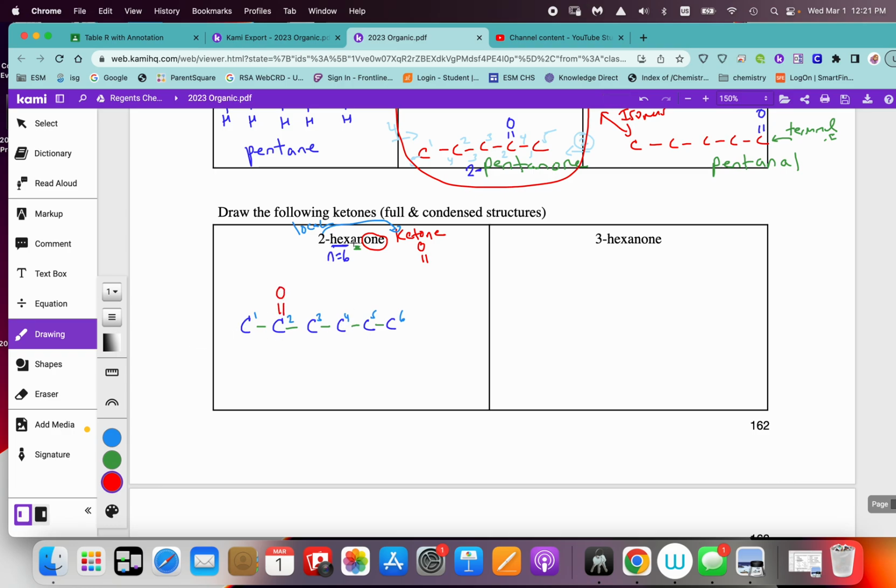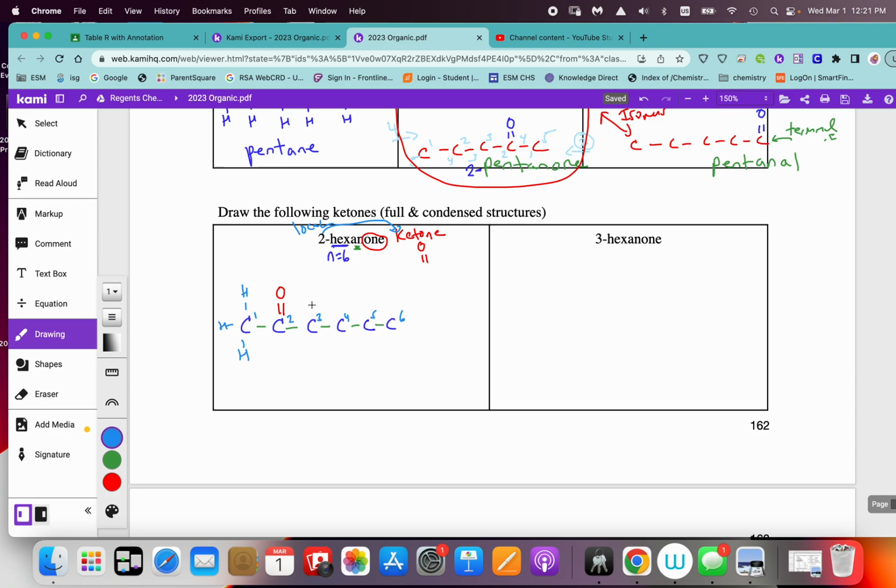And when I have everything that's in the name, now I go and add hydrogens to make sure each carbon has its 4 bonds. So carbon 1 only has 1 bond, so I need to add 3 hydrogens to it. Carbon 2 already has 4 bonds, no hydrogens.